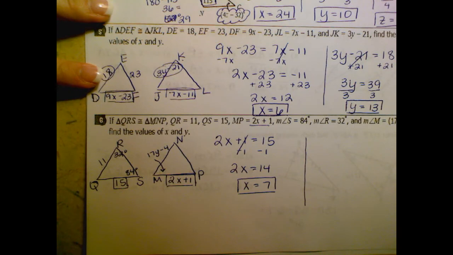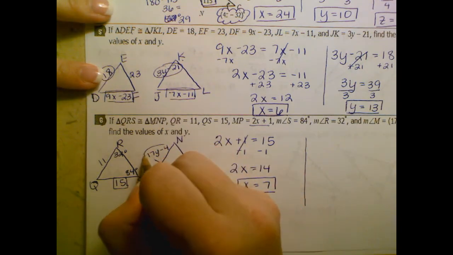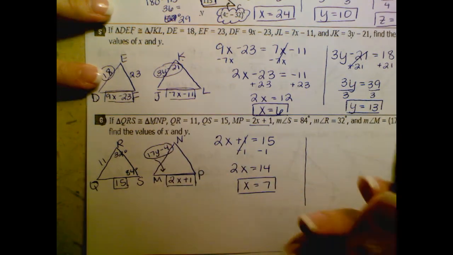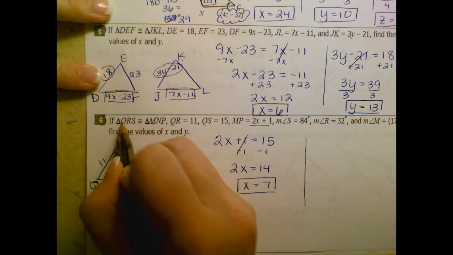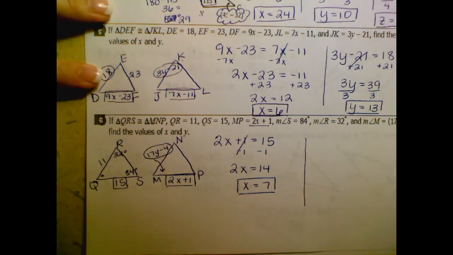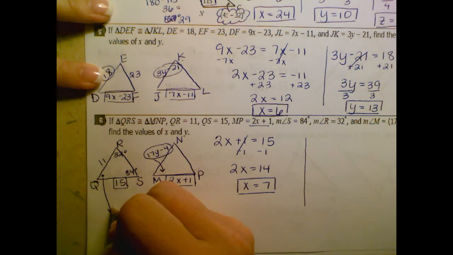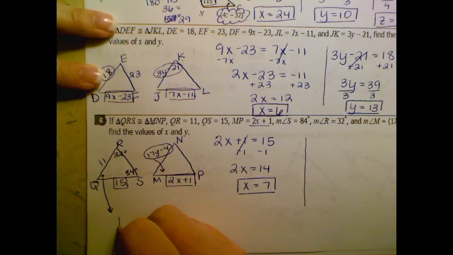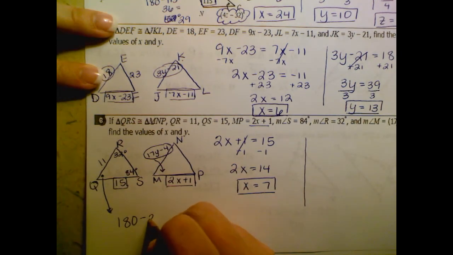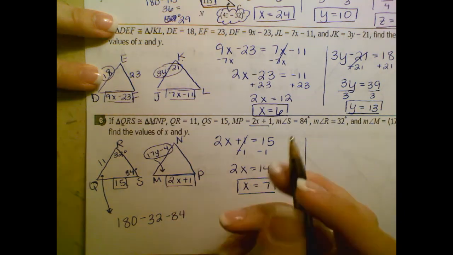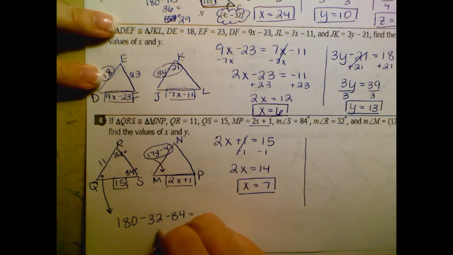Now to find my y is with angle M. Angle M is the first letter, angle Q is the first letter. I don't have an angle measurement for angle Q. I can find it because they give me 2 of the other angles by doing 180 minus 32 minus 84, and I'll get 64.